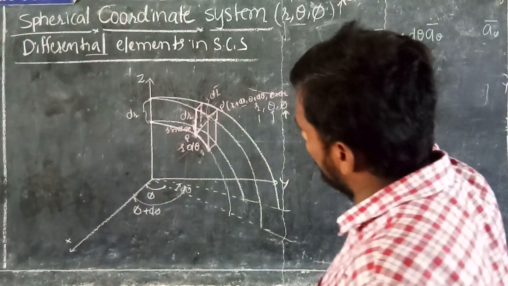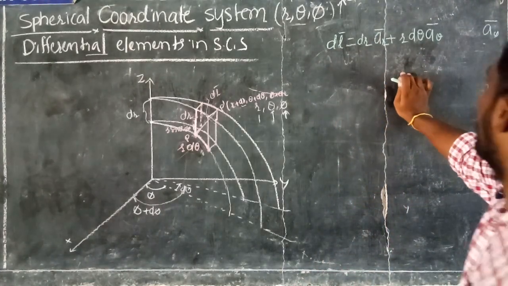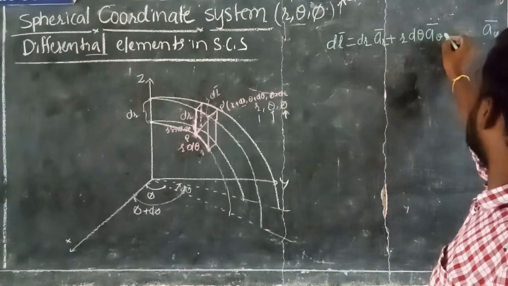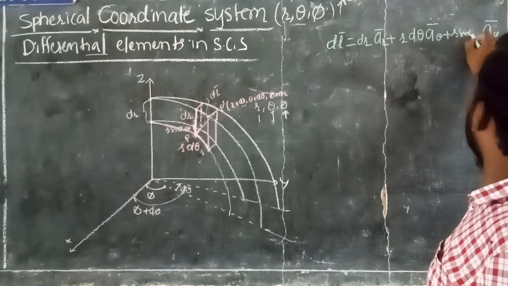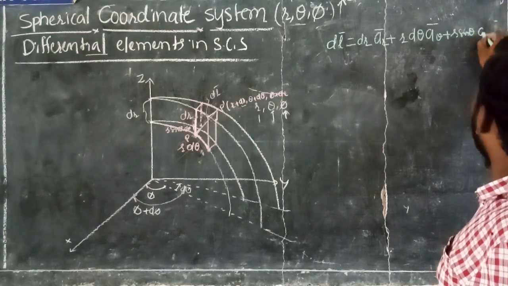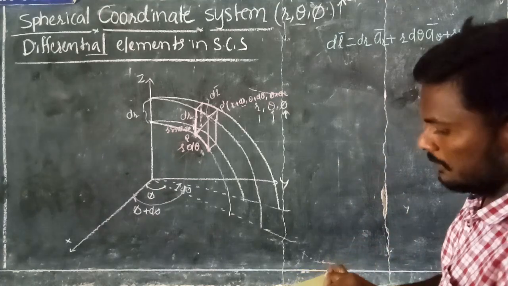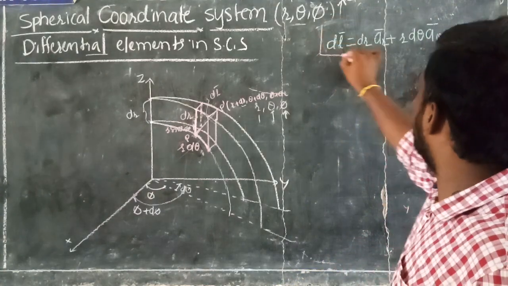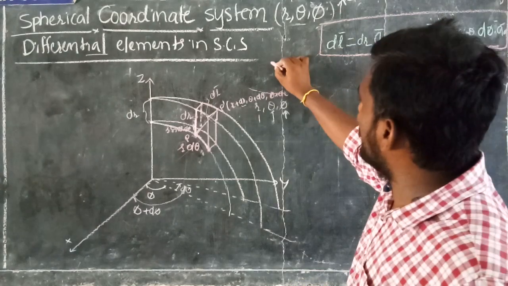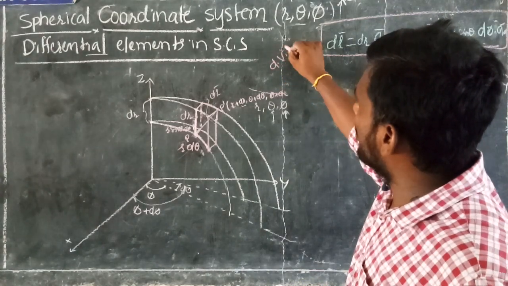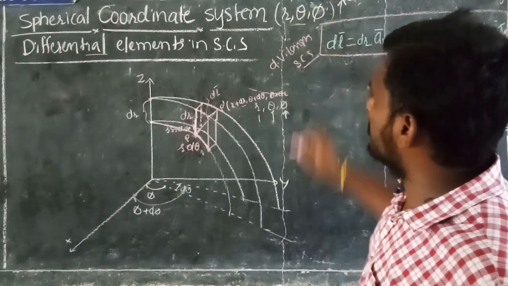Is it r d theta or r d phi? It is r d theta a_theta bar, plus next r sin theta d phi into a_phi bar. This is your differential vector length in spherical coordinate system.